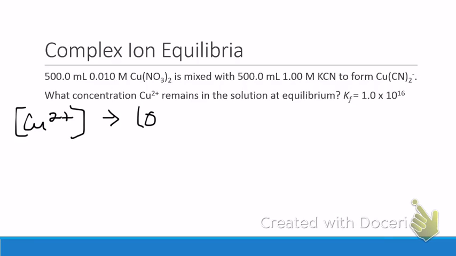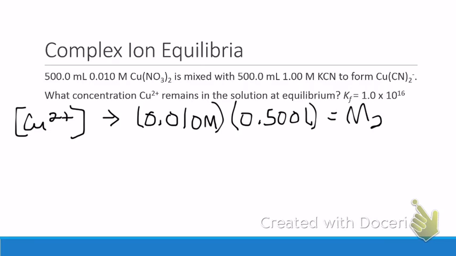We'll start with 0.01 molar copper and multiply that by the initial volume, 0.5 liters, and that will be equal to the final volume times the total concentration, which will be 1.0 liters.